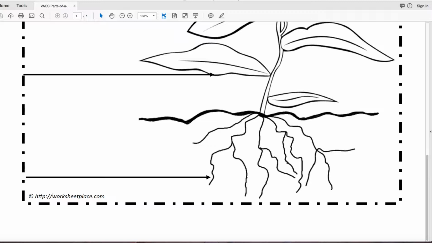Let's take a look now at the handout. Everybody's got the handout. Do you see the handout on my screen? Is that what you see when you're looking at the screen? How about now?